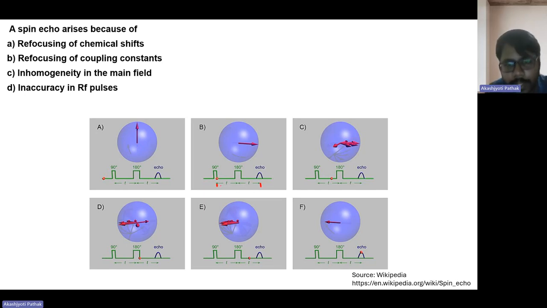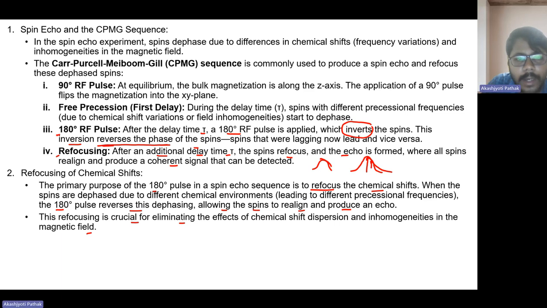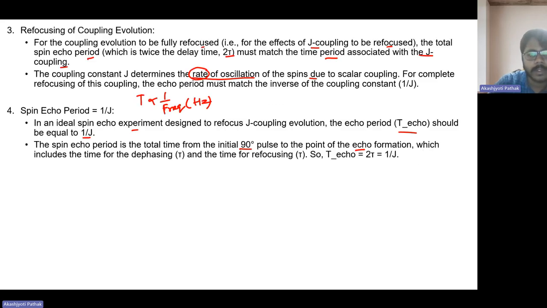So this total time is tau plus tau, which is also denoted as T, so 2 tau. This 2 tau is actually what is denoted as 1 by J.